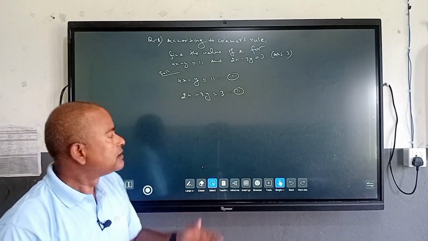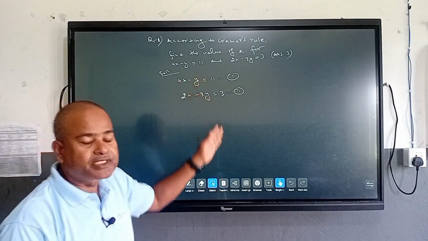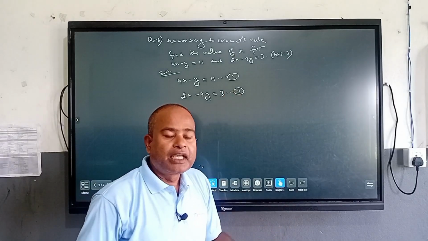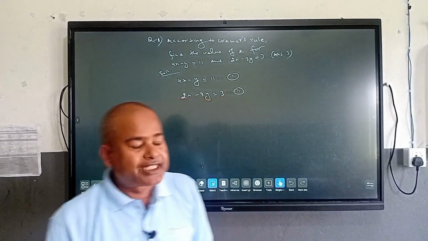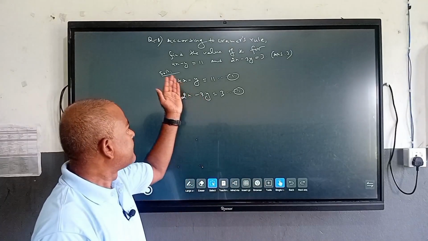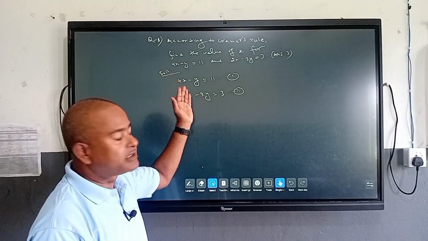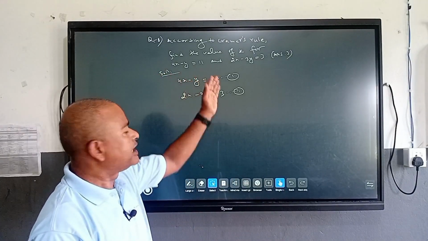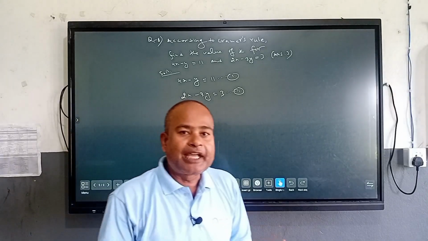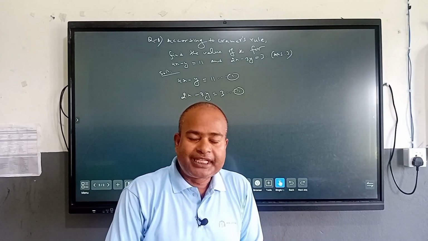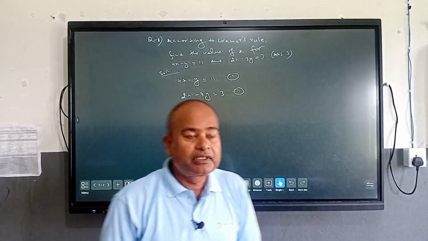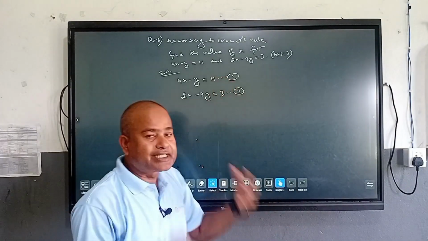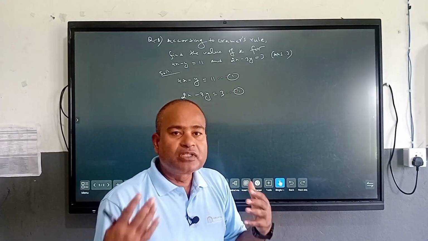We have to list the coefficient of x, coefficient of y, and constant. And always keep in mind, the given equations of straight lines must be in the form of ax plus by equals c. That means at first the term containing x should be given, then the term containing y, and on the right hand side there should be the constant term.